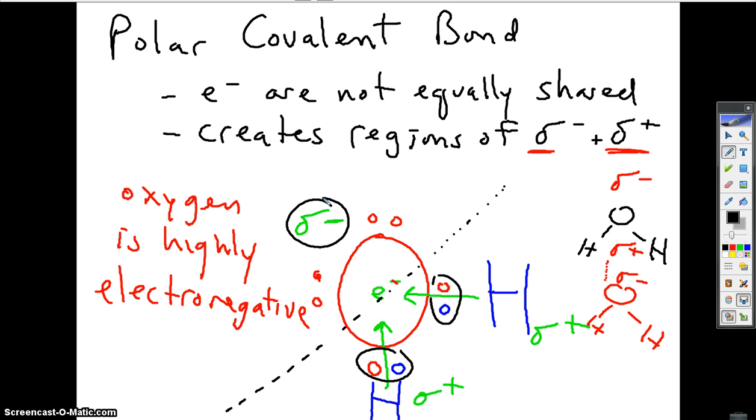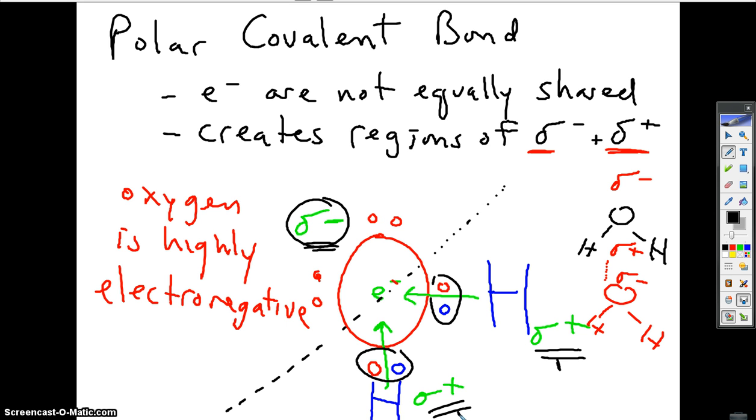If the oxygen becomes partially negative with the electrons around it more often, that leaves the hydrogens partially positive. When that happens, we get a polar moment, and this bond becomes polar because there is a separation of charges. We've got an area that is partially negative and an area that is partially positive. So that's what creates a polar molecule.